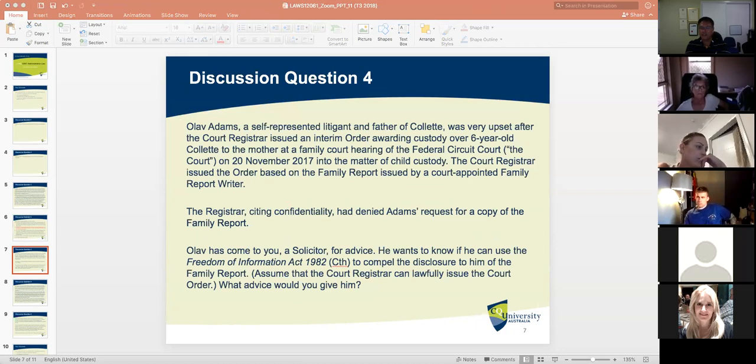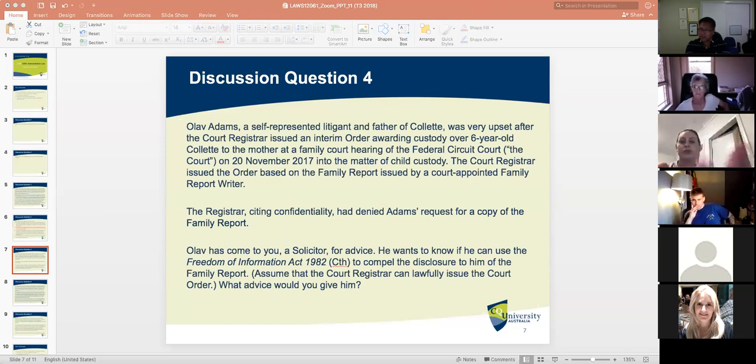Okay, so in this case, the registrar actually is acting on behalf of the judge. Does it mean, therefore, that if the judge denies a request of a party litigant to have access to a document such as a family report, an applicant can actually go to the Information Commissioner to compel the judge to provide a copy of the family report to an individual?